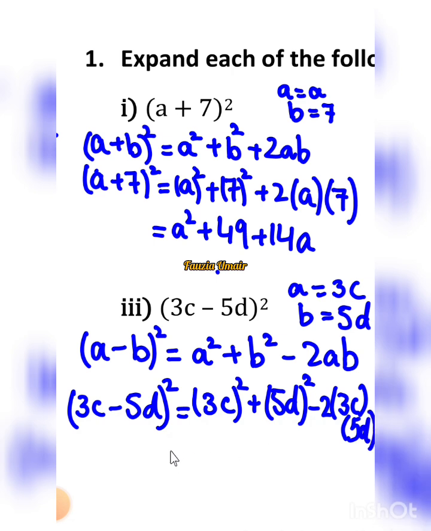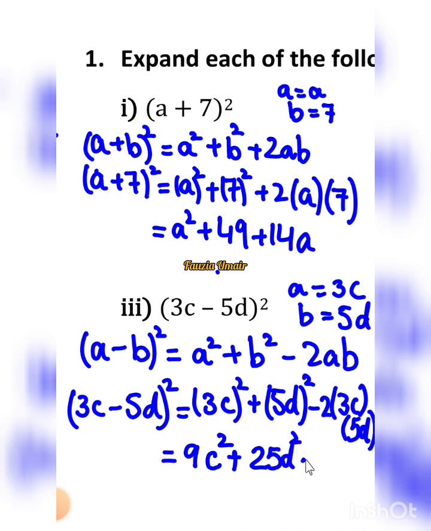So now this bracket is basically helping me not forget that the square is of all the terms. So basically it is 3 square and a multiplied with c square. So I know that 3 square is 9, so I will write down 9, and c square is basically c square plus, now 5 square is 25 and d square is d square.